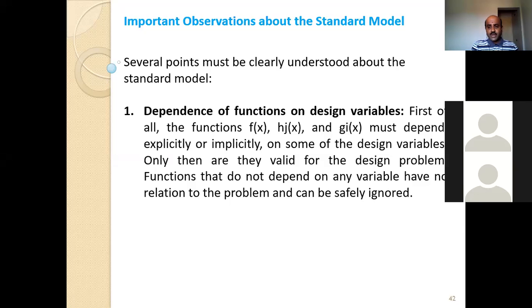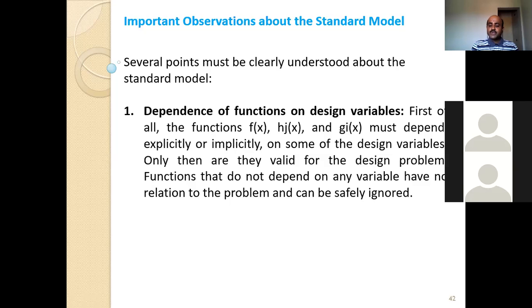First of all, the function f of x, the cost function, hj of x, the equality constraint function, and gi of x, the inequality constraint function, must depend explicitly or implicitly on some of the design variables. It means that not all the functions, the cost function or constraint functions, need to depend on each and every design variable, but they must depend explicitly or implicitly on some of the design variables you have identified and defined.